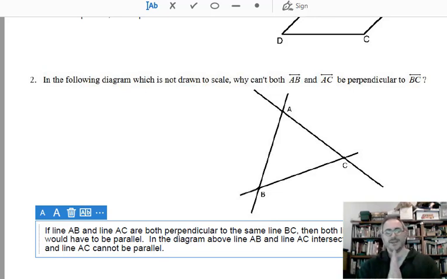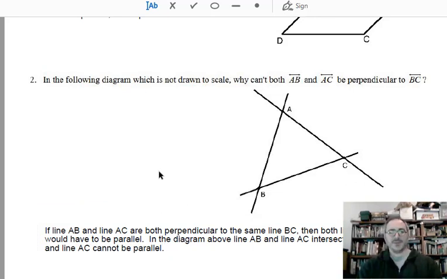There's my exemplar explanation. So I explained what would be true if they were both perpendicular. They would have to be parallel. I said that they intersect. If they intersect, they're not parallel. Definition of parallel means that they don't intersect. Therefore, line AB and line AC cannot be parallel.